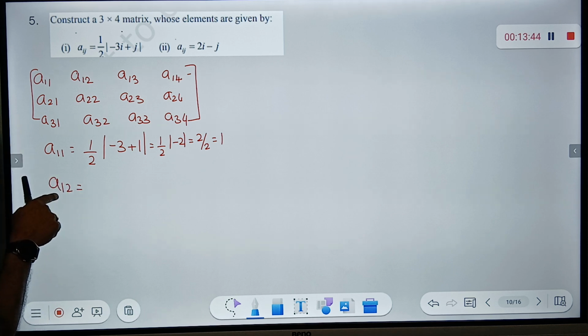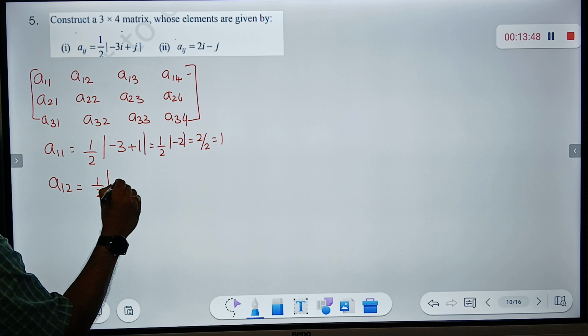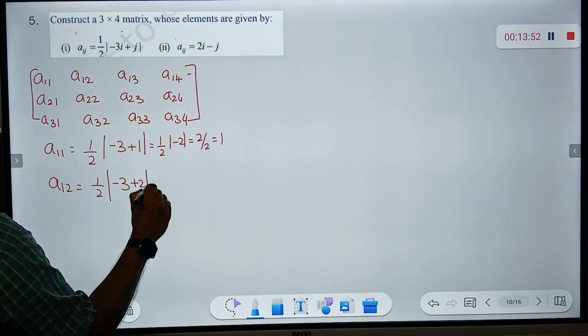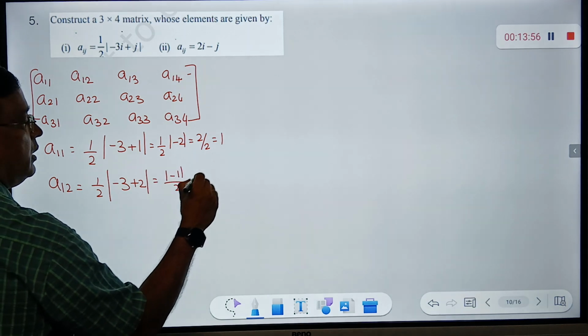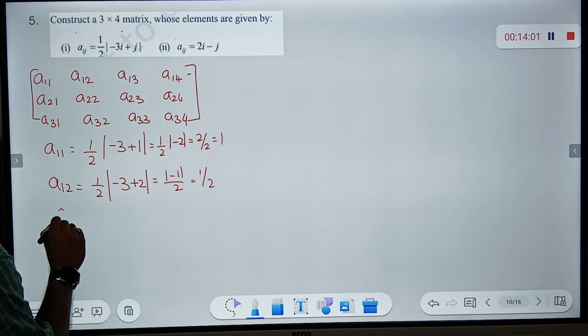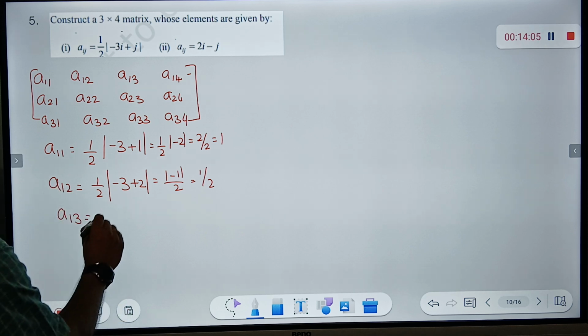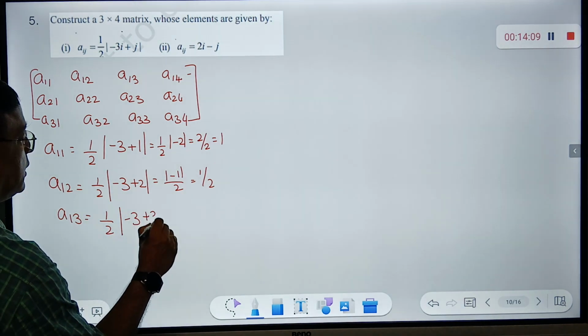Next I go for A12. I is 1. J is 2. Let's calculate. I is 1, so it's minus 3. J is 2. So I get modulus of minus 1 by 2. It's 1 by 2. Then you go for A13. What is A13? A13 means half of minus 3 plus 3.